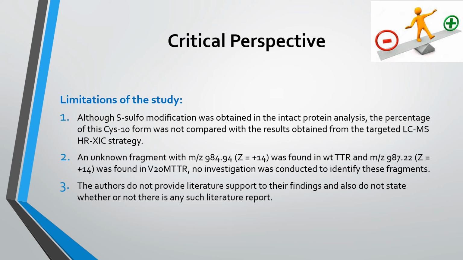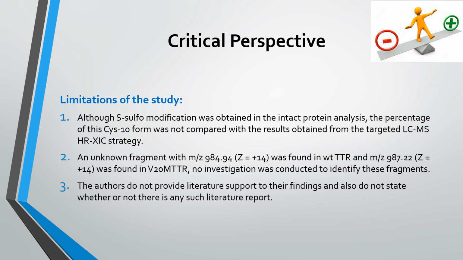And as I said before, the study has certain limitations. The intact protein analysis identified the S-sulfur modification. However, the relative percentage of this form of cysteine was not compared with the result obtained from the targeted LCMS high-resolution extracted ion approach. Furthermore, intact protein analysis found one unknown fragment in wild-type TTR and another in the mutant form.